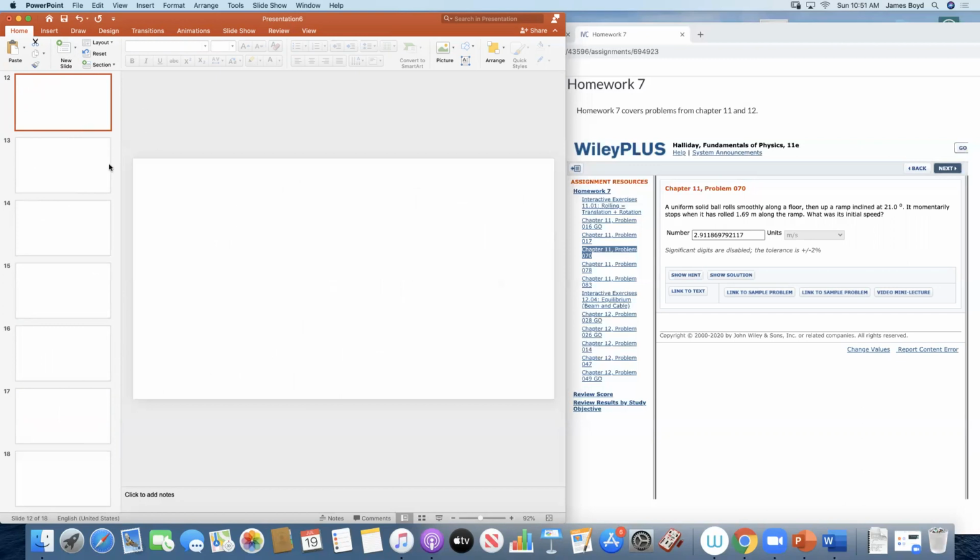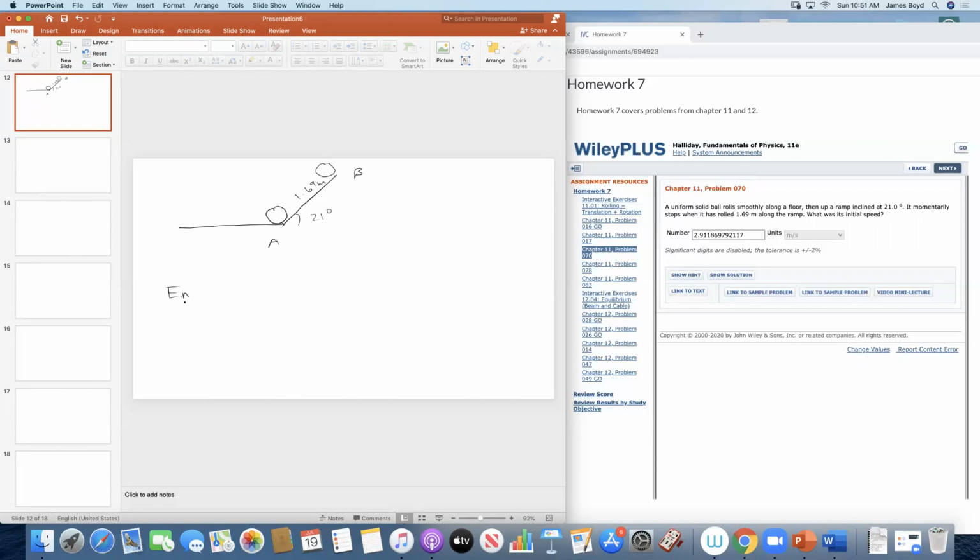It's rolling along here, and then at the top, it momentarily stops. So we want the energy at A and the energy at B, and we want to use those to find the speed. We're told that this ramp is at 21 degrees, and that this distance was 1.69 meters up the ramp. We're going to use that to find the initial speed.